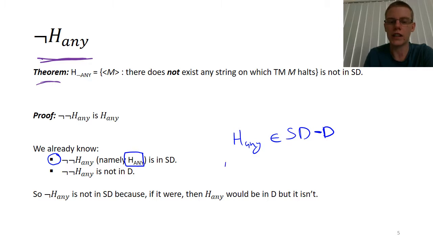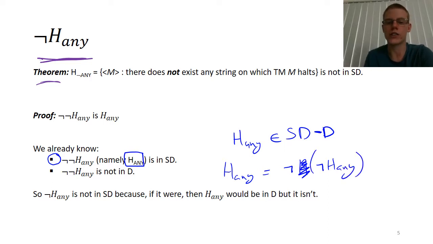But H of any is the complement of the language we care about, because the language we cared about was the complement of H of any. So obviously we have this trivial relationship here. So by our reasoning before, if the complement of H of any was semi-decidable, then it would be decidable, and H of any would be decidable, but we knew that that wasn't the case here.